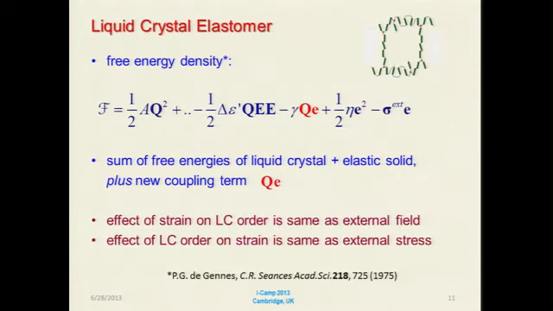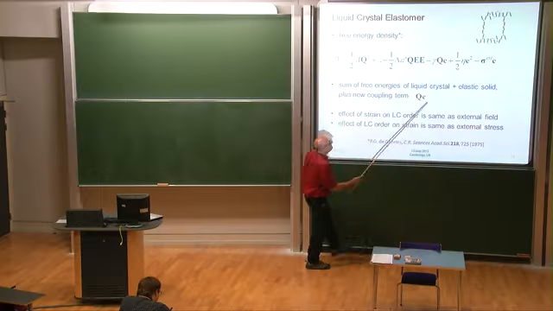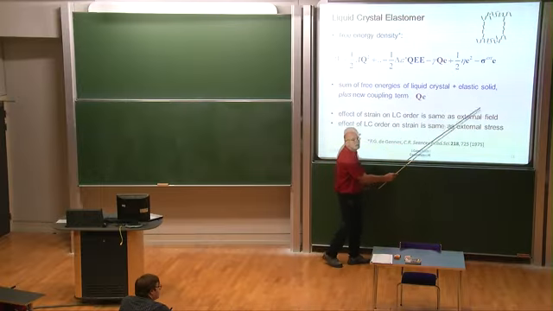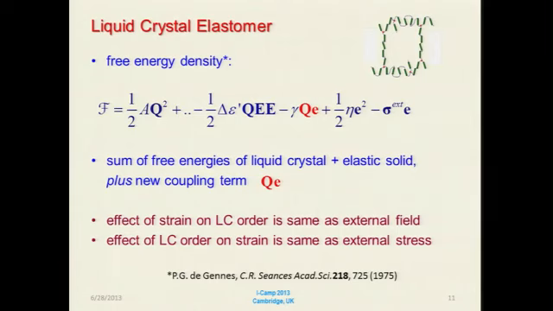Okay. Now, as de Gennes originally proposed in this beautiful work back in '75, if you put these two aspects together, you have the liquid crystal bit, the elastomer bit, and there is a coupling between the order parameter and strain. And you can sort of see it from this kind of picture. Obviously, if you change the degree of order here, that's going to pull these crosslinks together and push the perpendicular ones further apart.